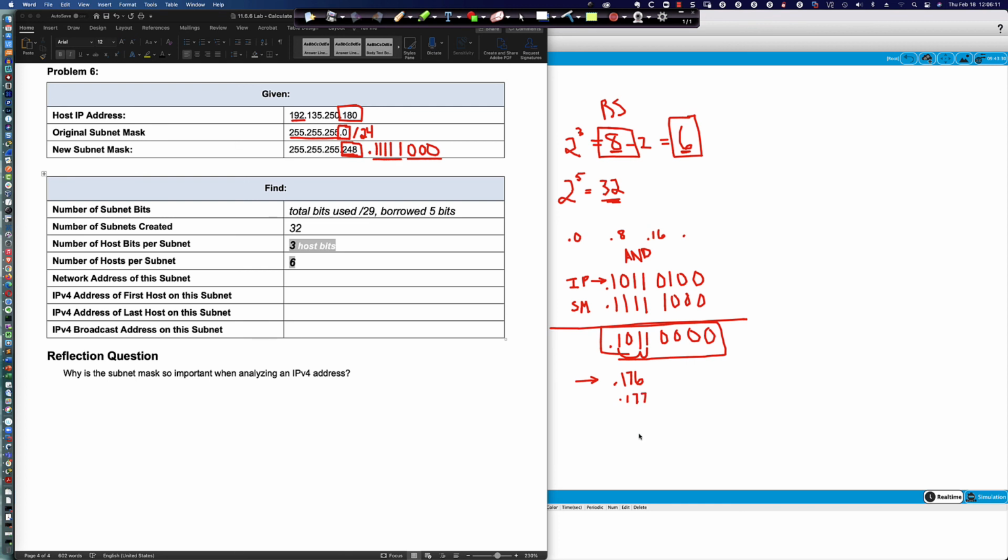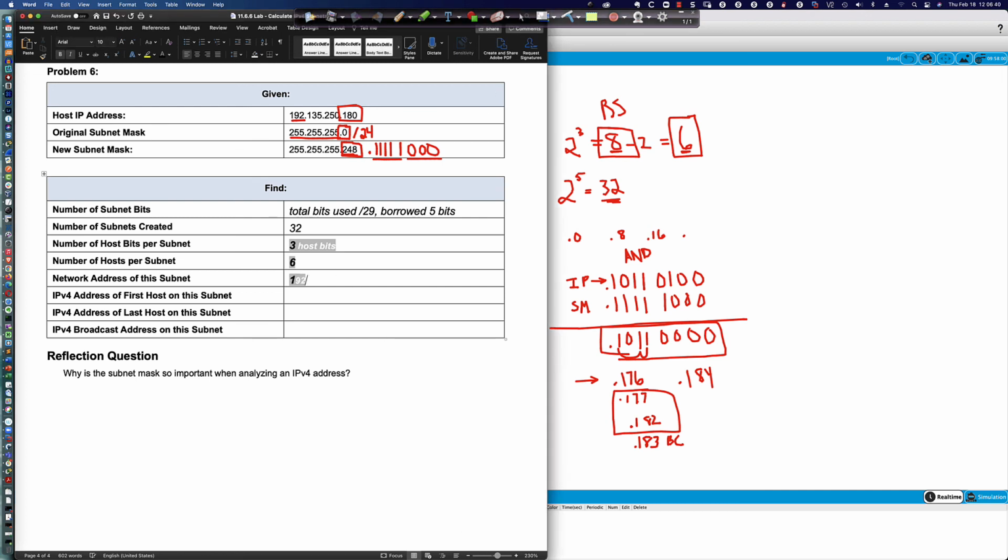The last IP, well, just figure out what's 176 plus our block size of 8. Well, that's going to take me to 184. And that means my broadcast address is 183. My last usable is going to be 182. And so the usable range is 177 to 182. There's my 6 usables. And now we've got everything else we need to wrap this up.